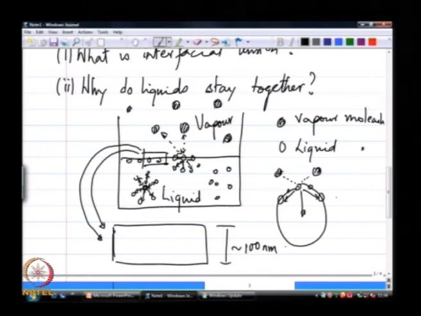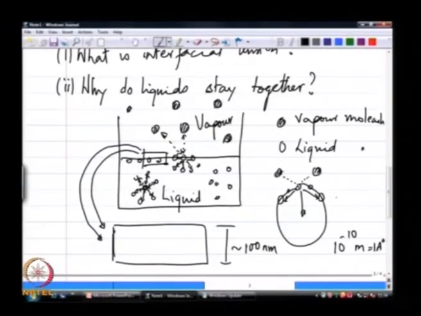Now, mind you, a water molecule is only a few angstroms. So, 10 to the power minus 10 meters is 1 angstrom. A water molecule is only a few angstroms in diameter, if you want to think of it as a spherical entity, which itself is an approximation.